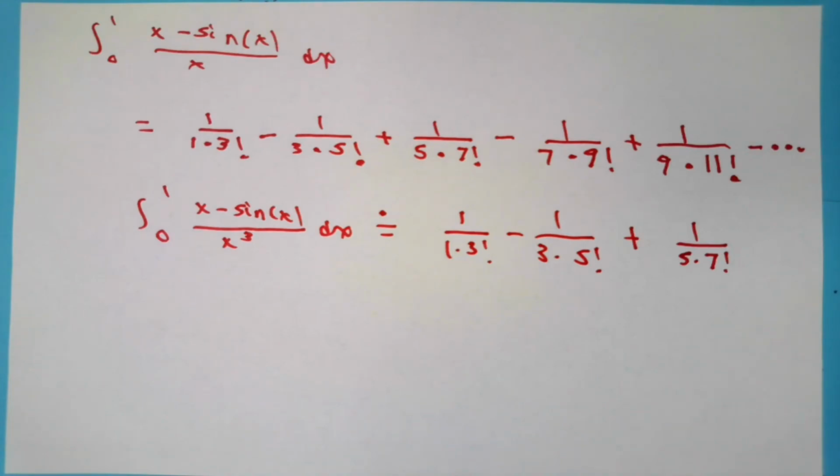We know from the general discussion of alternating series that the difference between this estimate, the one that stops at plus 1 over 5 times 7 factorial, that number, that estimate differs from the actual value of the infinite series by no more than the amount that I'm going to add or subtract when I do the next term.